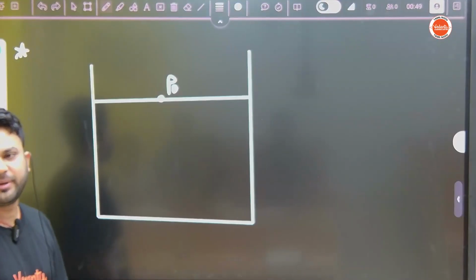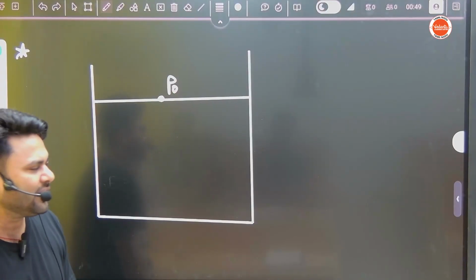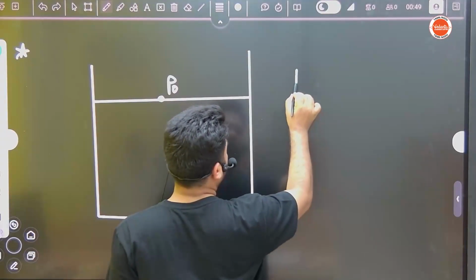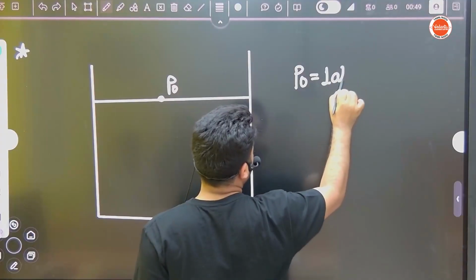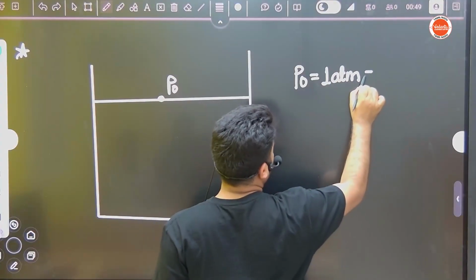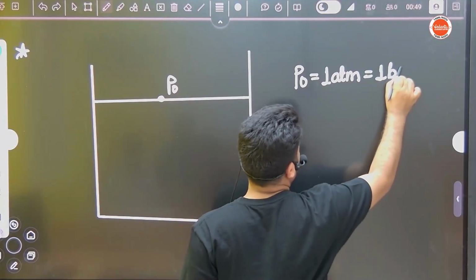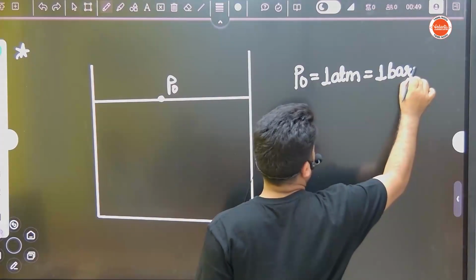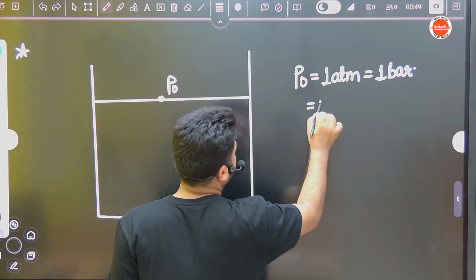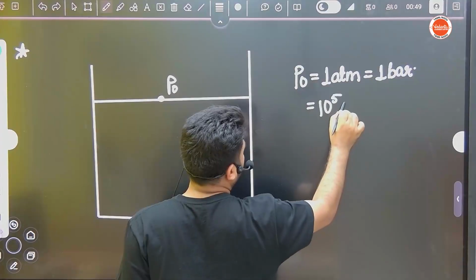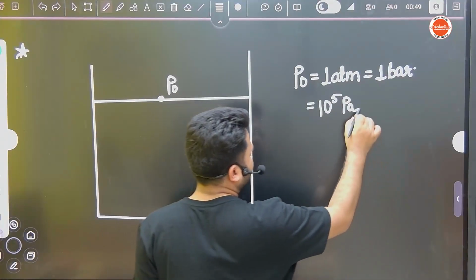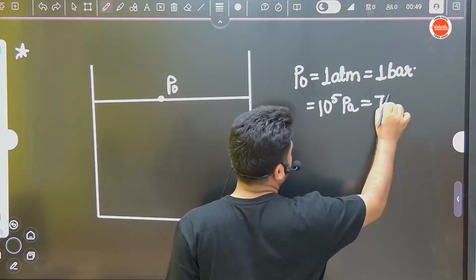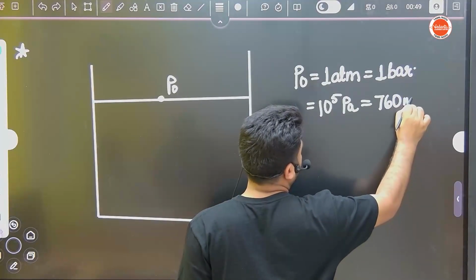P naught means pressure of atmosphere. So what is the pressure of atmosphere? It is around 1 atm, which is almost equal to 1 bar, which is almost equal to 10 power 5 Pascal. Which is also equal to 760 millimeter of mercury.